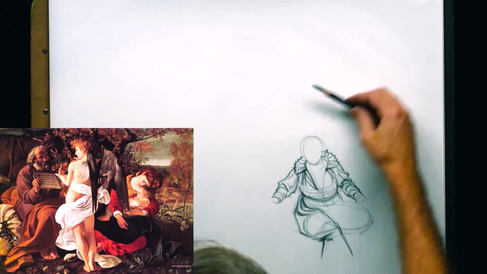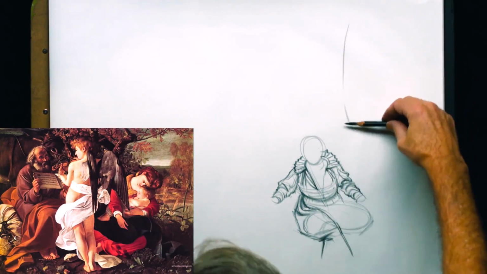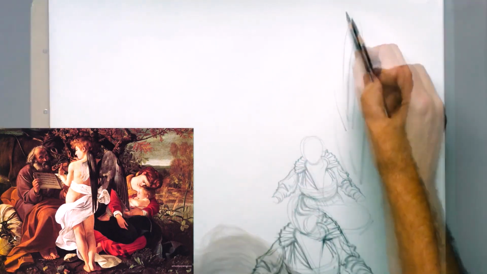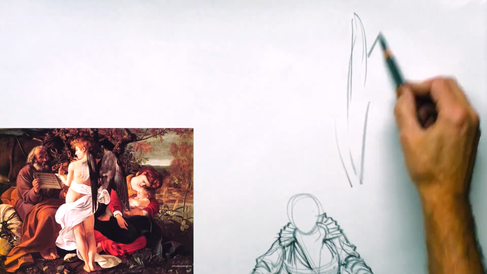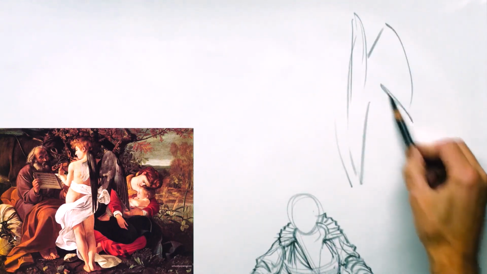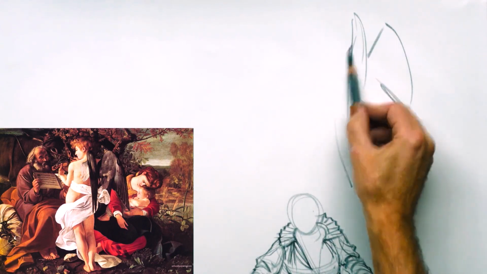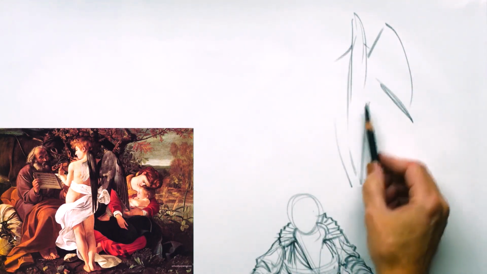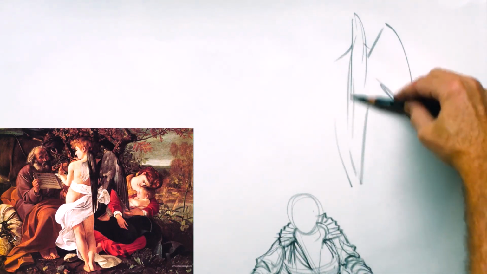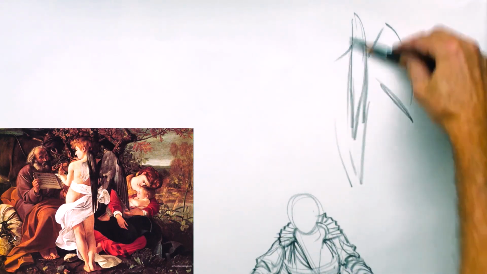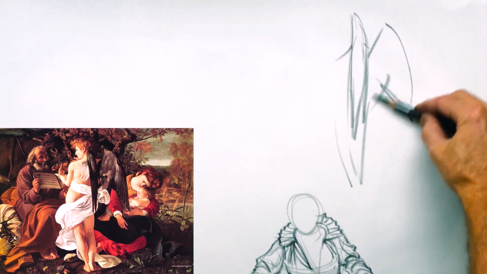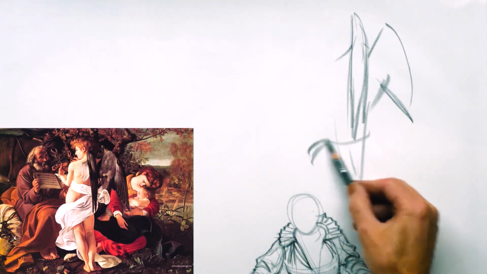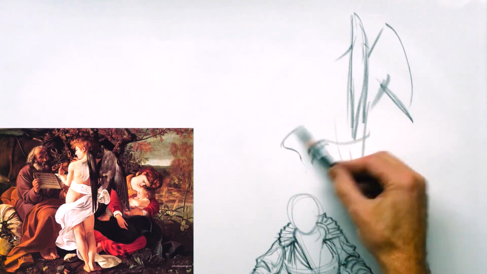Now, in this case, we have this young angel, and being kind of an allegory, a lot of times the type of folds and fabric would be these floating fabrics that kind of defy gravity, okay?